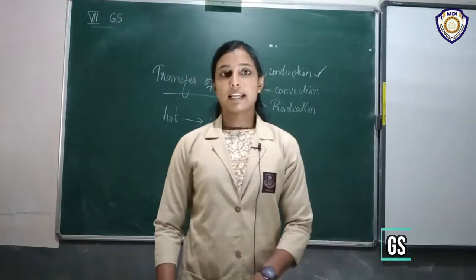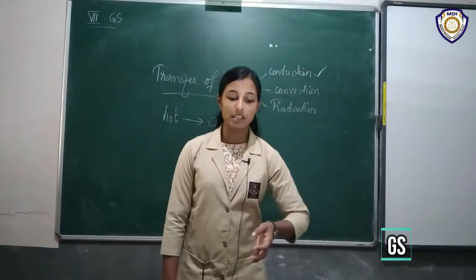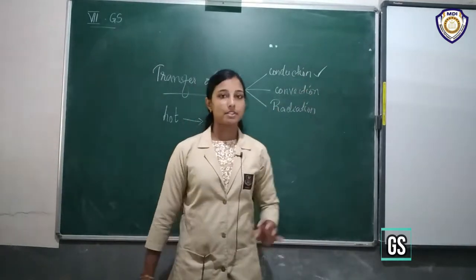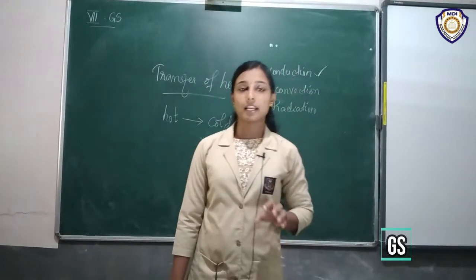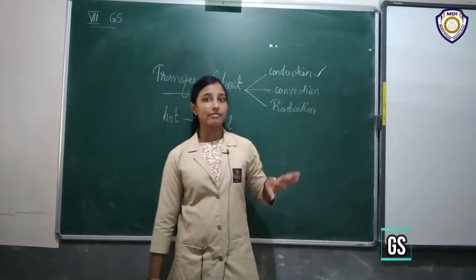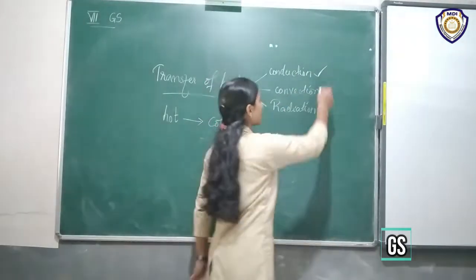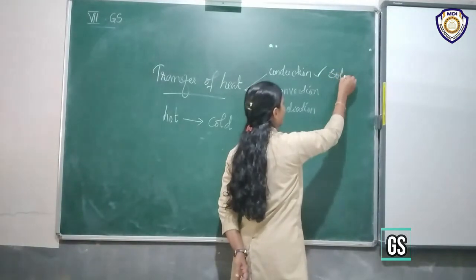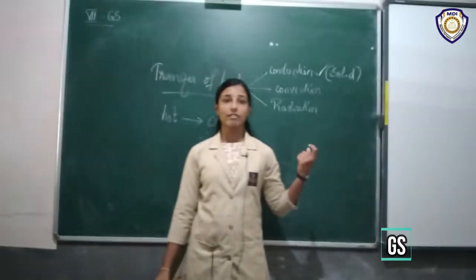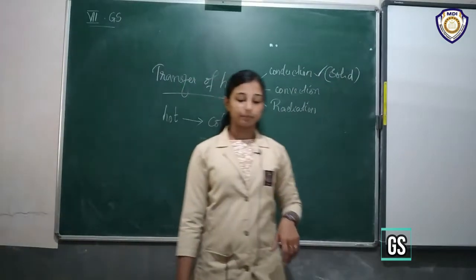What is conduction? Before going to that, you have an activity. This activity will show you how conduction happens. Normally, conduction happens through solids. In solids, the heat transfer occurs by the process of conduction.